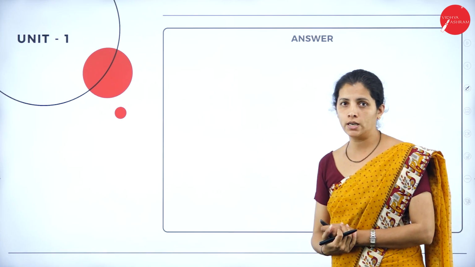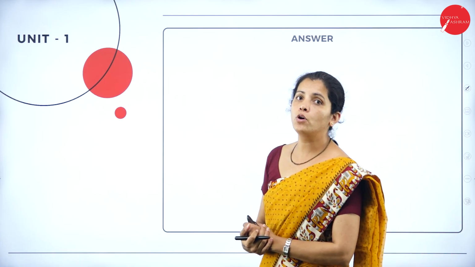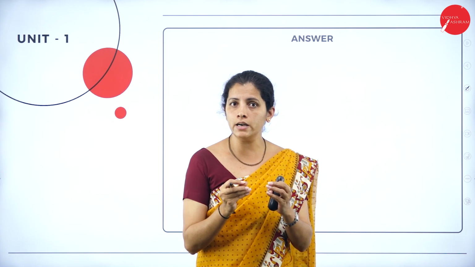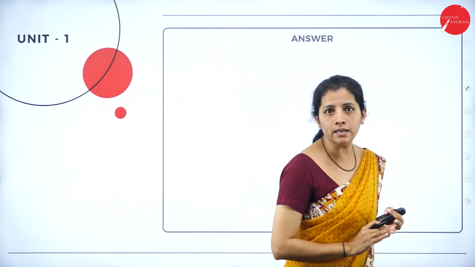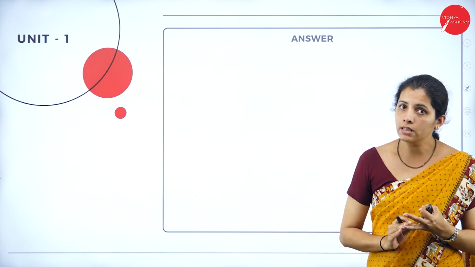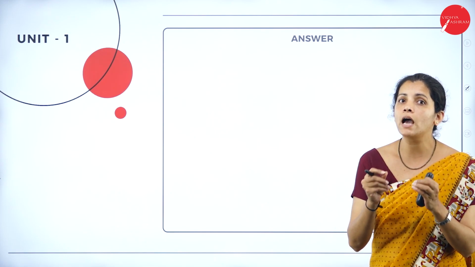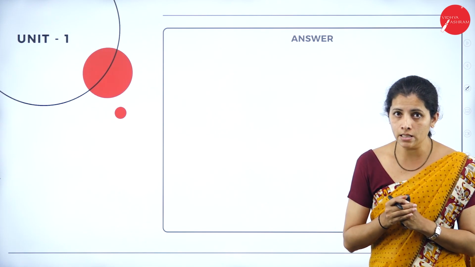Now, what is token? Think that I want to construct a house. To construct a house, what do I require? I require a site. Okay, fine. After that, I must have the capital. Okay. After that, I must have the manpower. Then I must have the materials.